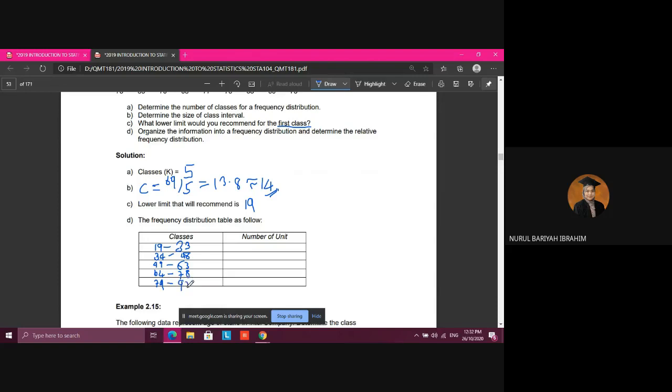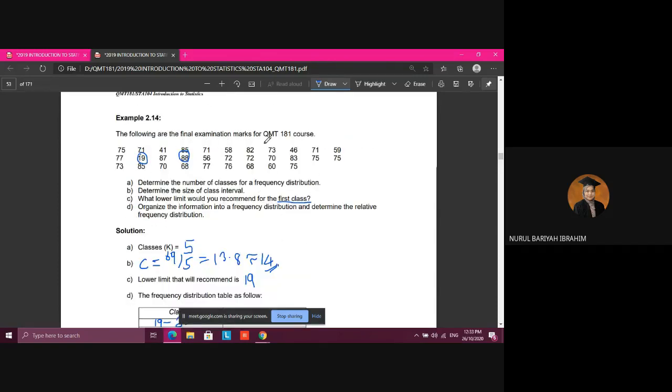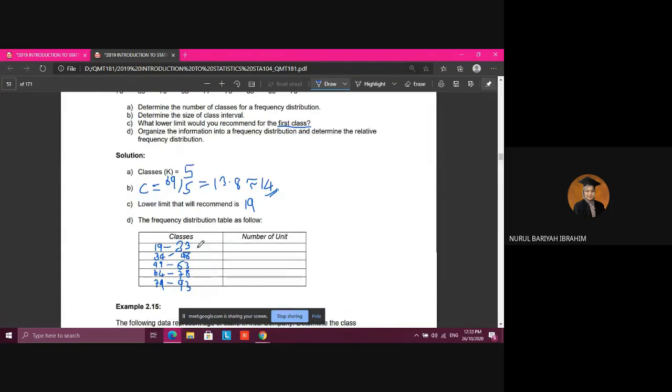Okay, and then complete the frequency distribution with the number of units, which is the number you count of the examination marks that lie between the classes that we create.